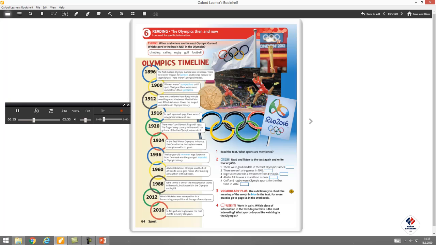1916. In 1916, 1940 and 1944, there weren't any games because of war. 1920. There wasn't an Olympic flag until 1920. The flag of every country in the world has got one of the 5 Olympic colours in it. 1924.